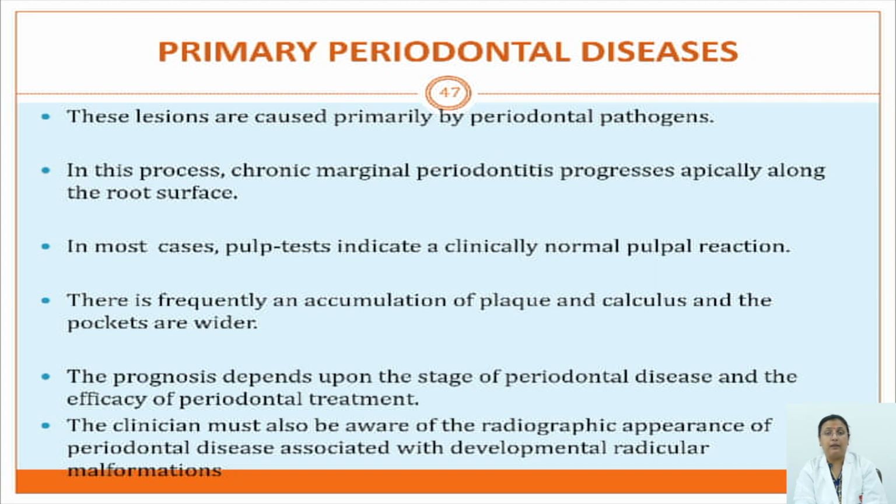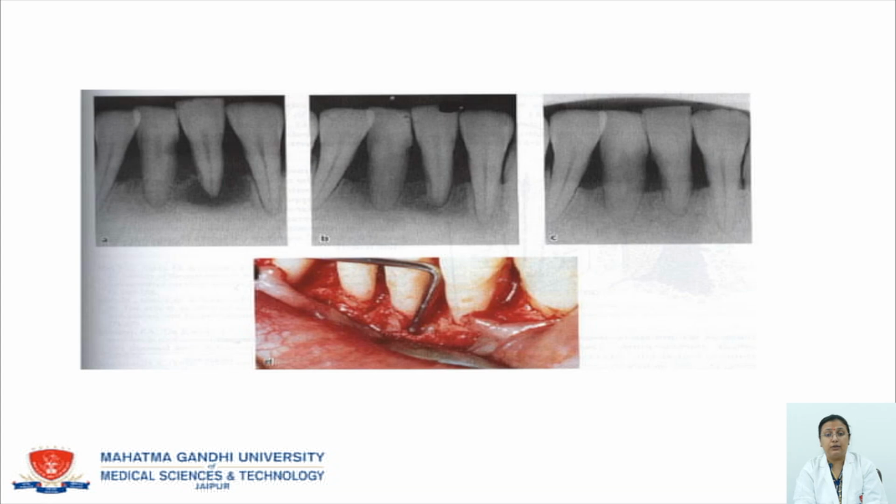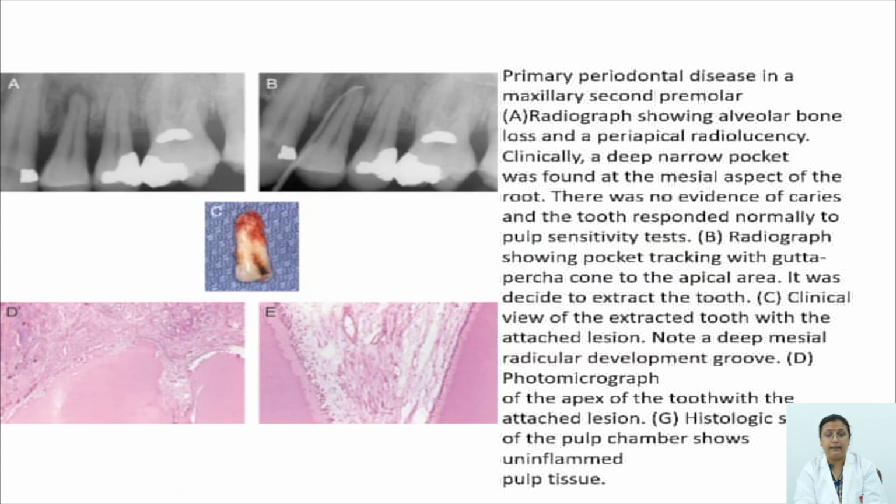The pockets are wider as compared to primary endodontic disease. You can see generalized bone loss, as seen in this picture. So the treatment will be surgery, healing of the pocket, and the tooth remains vital. There is no need for root canal therapy and it is completely healed.